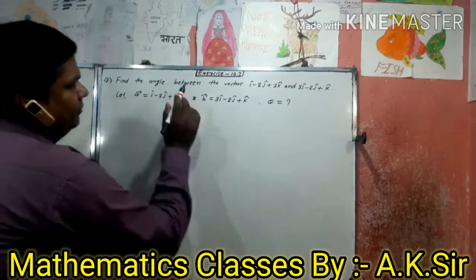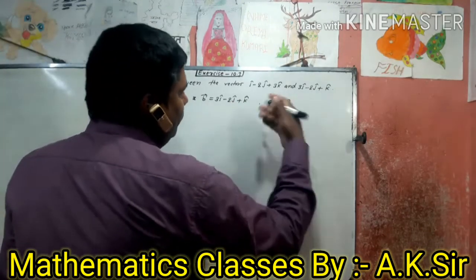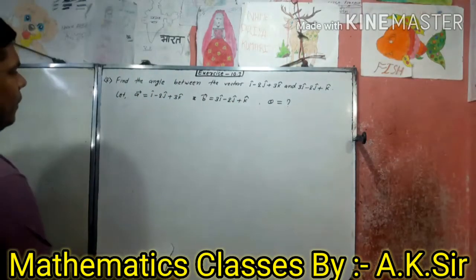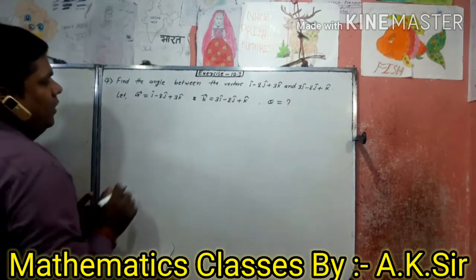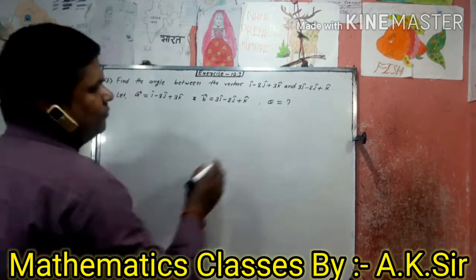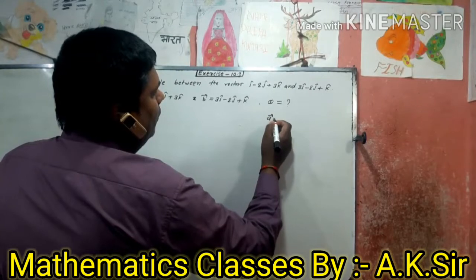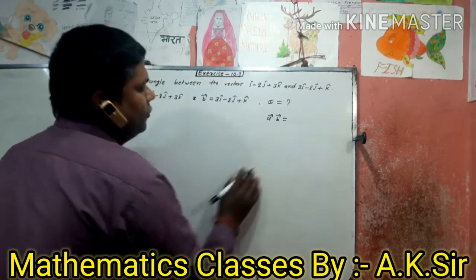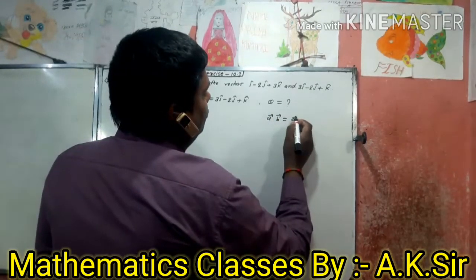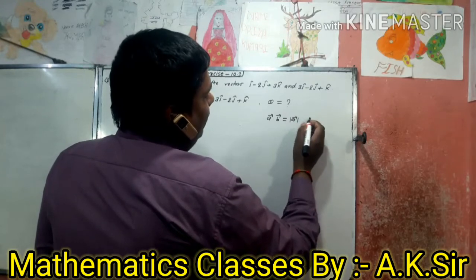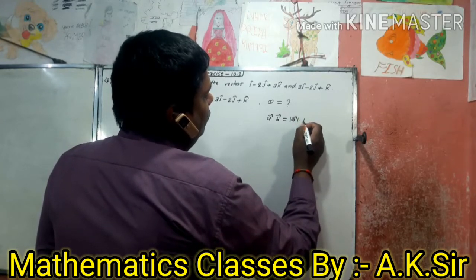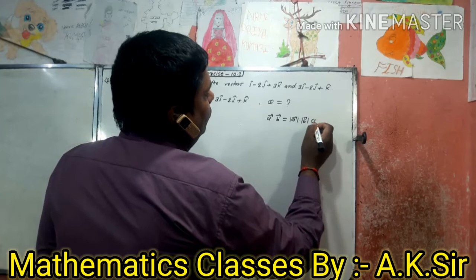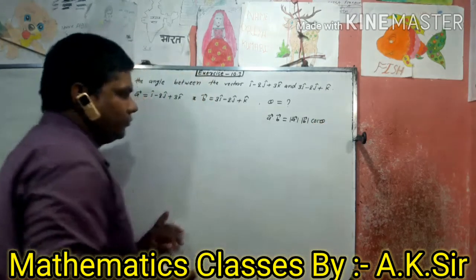Let theta be the angle between them. We know that A dot B is equal to the magnitude of A times the magnitude of B times cos theta.